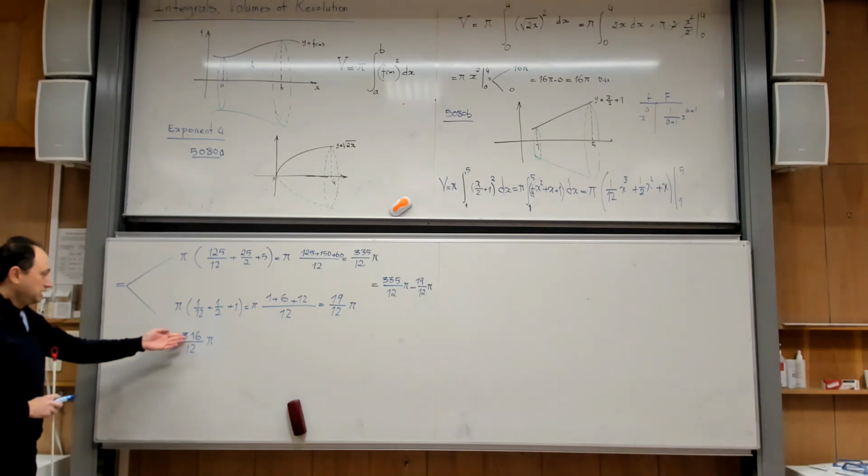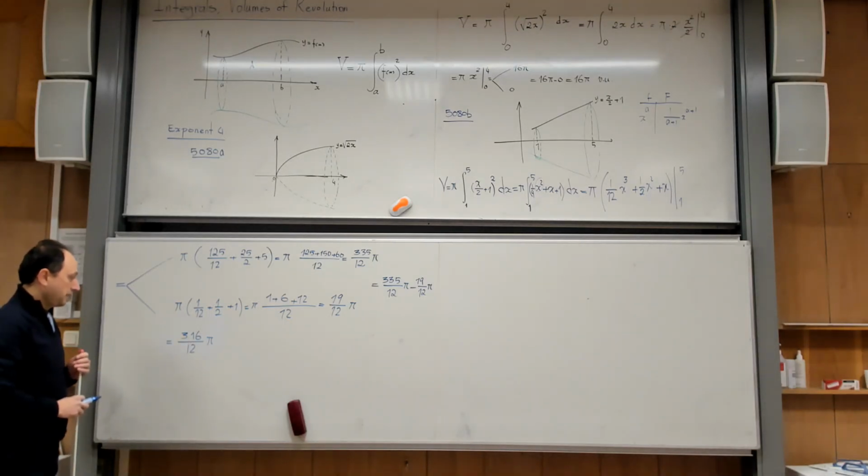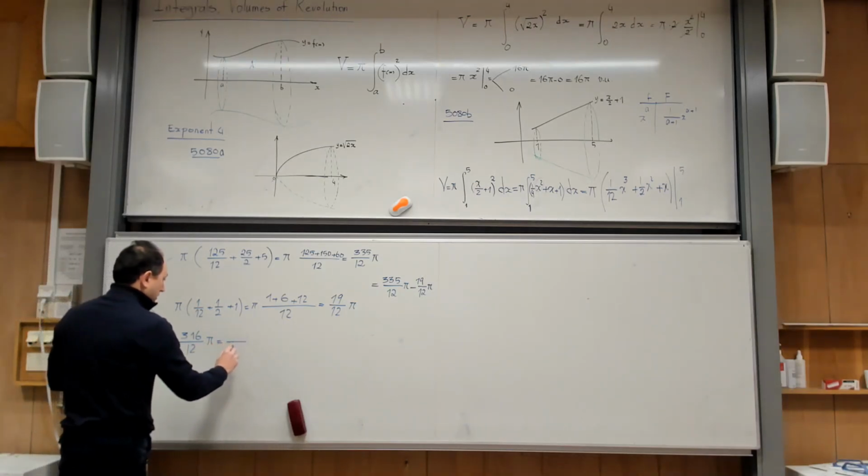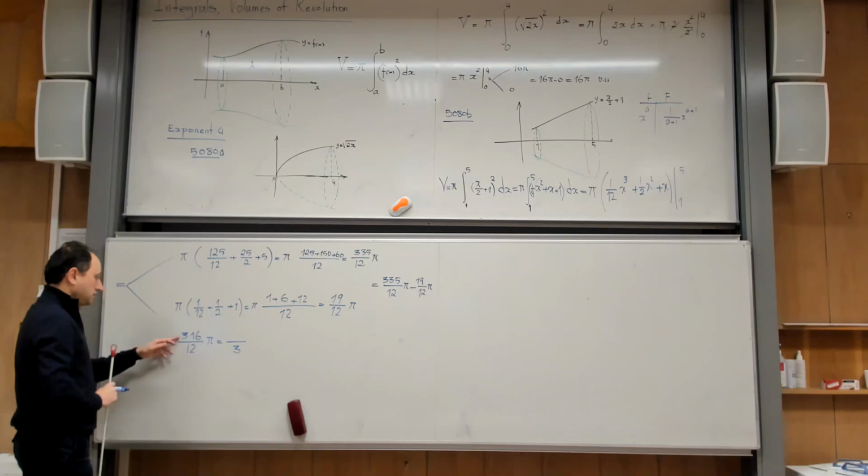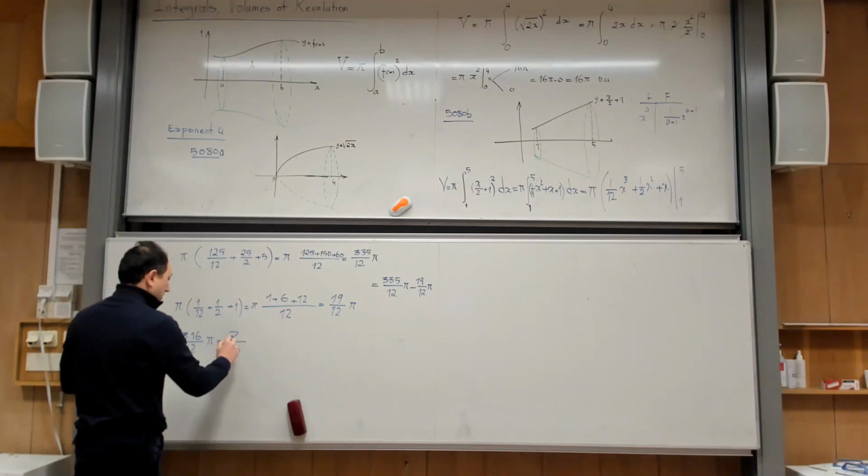Of course, it is clear that I can simplify by 4. So this becomes 3, 75, 79.